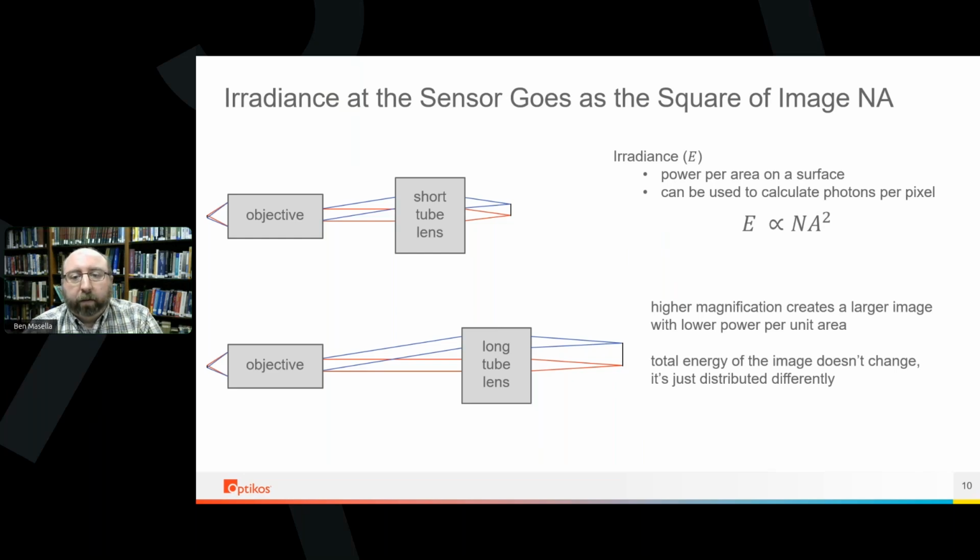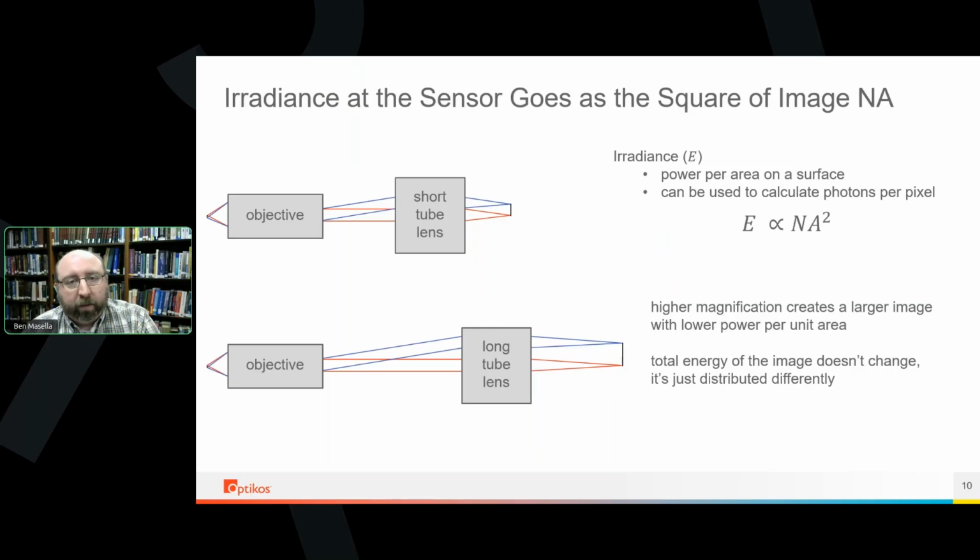So it's important to know what the numerical aperture of your system is at the sensor if you want to understand what the sensitivity of your system is going to be. This then allows you to calculate how many photons you're going to have per pixel given a particular pixel size, and relate that to your actual sensitivity of the pixels and the quantum efficiency of the sensor, for example.